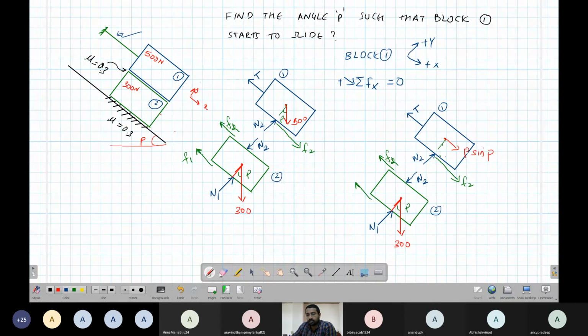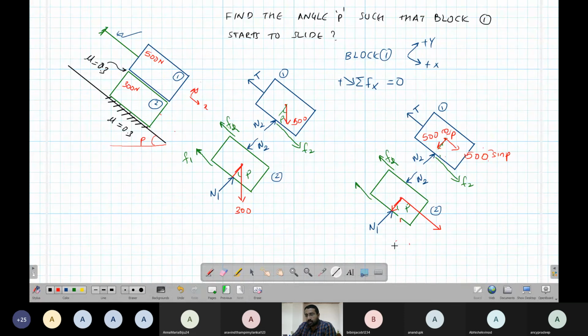So 500 sin P, I'm sorry, 500 sin P and 500 cos P here, 500 cos P and 500 sin P in the E direction. Okay. Again, this also we can replace by forces. So one force is in this direction, the other will be in this direction.